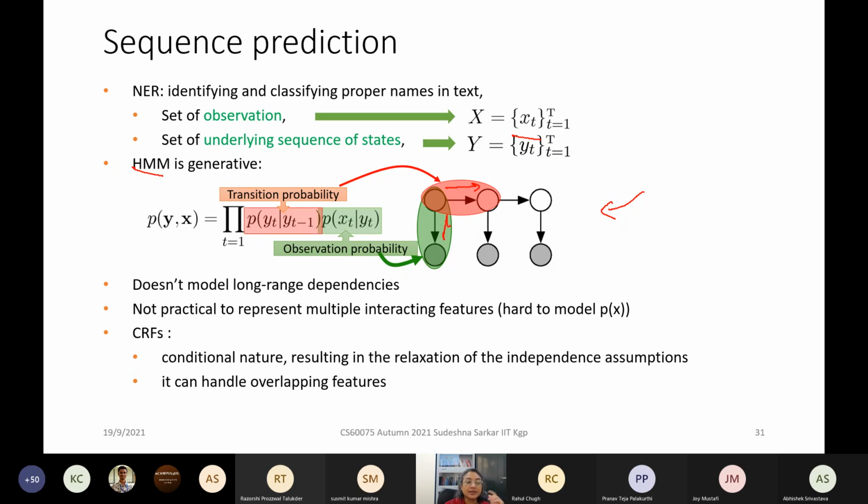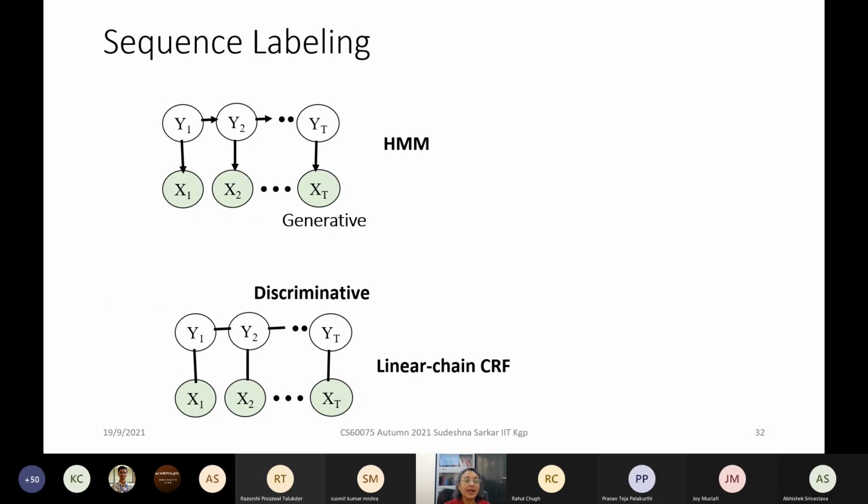The drawbacks are that it does not model long range dependency and it cannot represent features of the words, word sequences, etc. Now, let us come to a very simple conditional random field, which is modeled on similar lines as an HMM. This is a linear chain conditional random field.